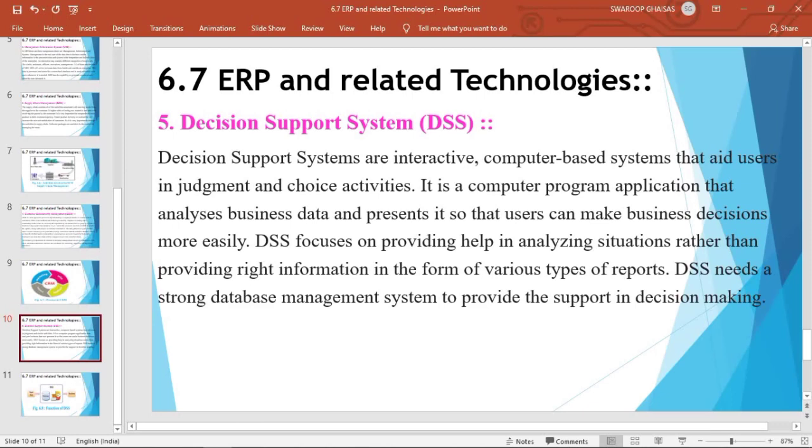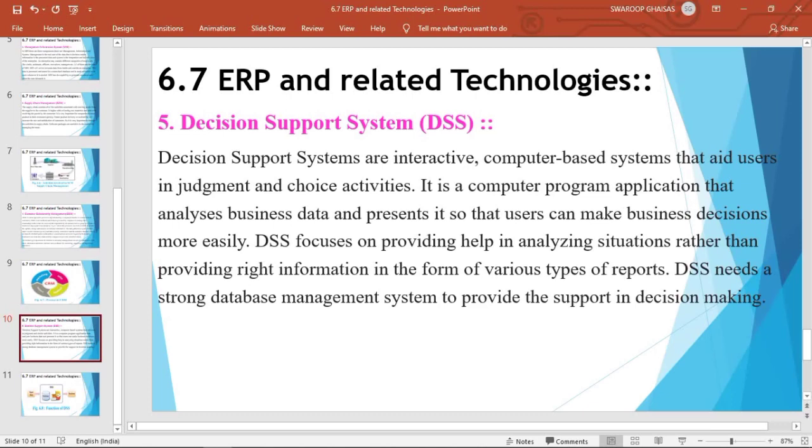It is a computer program application that analyzes business data and presents it to the users so that they can make business decisions more easily. Different data is stored in a computer database, and computer software is used to analyze that data. That data is presented to the users so that users can make proper business decisions easily.